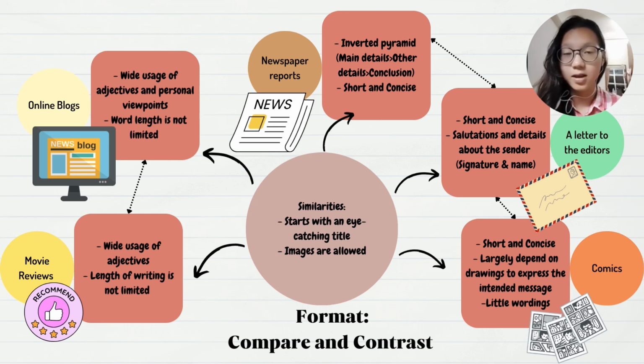It is actually the main details at the top, then other details such as the location and other supporting details about the topic or article. Then lastly we have the conclusion. The purpose of this inverted pyramid writing style is actually to hook the reader's attention. So newspaper reports are also short and concise, which is to ensure that readers will be able to understand it very quickly.